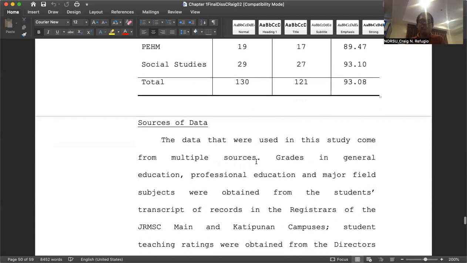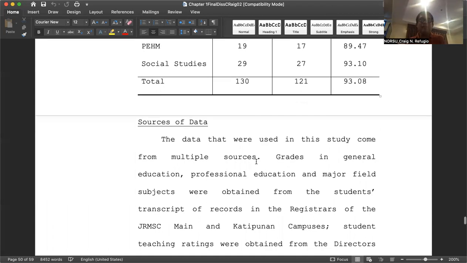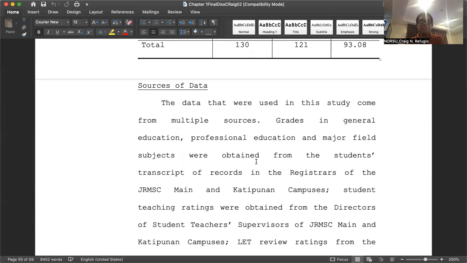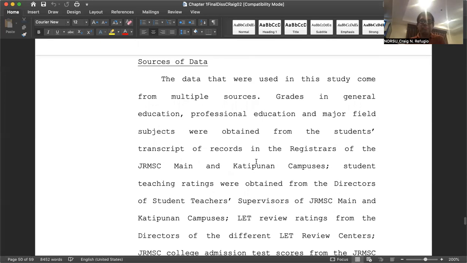Sources of data. The data that were used in this study come from multiple sources. Grades in general education, professional education, and major field subjects were obtained from the students' transcript of records in the registrar's office of the JRMSC main and Katipunan campuses. Student teaching ratings were obtained from the directors of the student teacher supervisors of JRMSC main and Katipunan campuses.